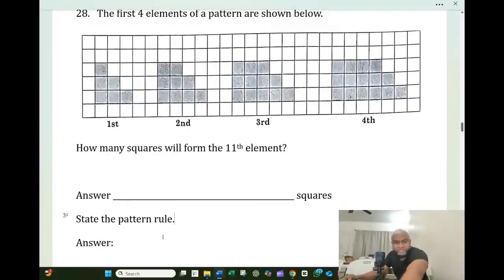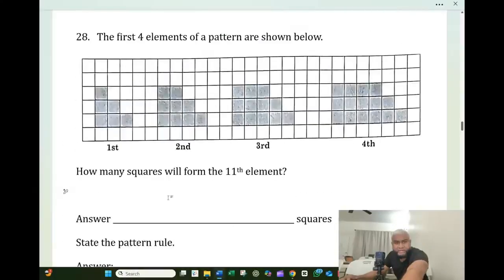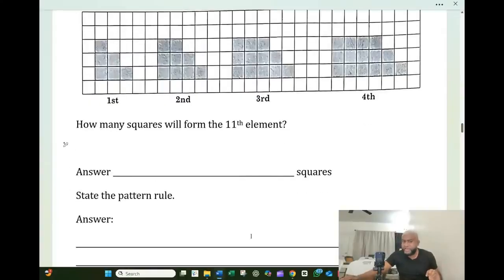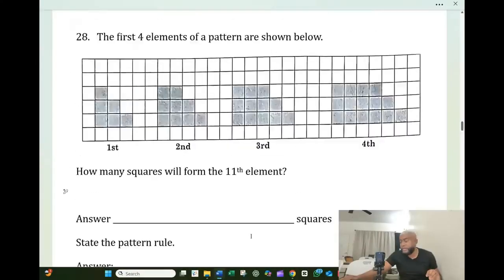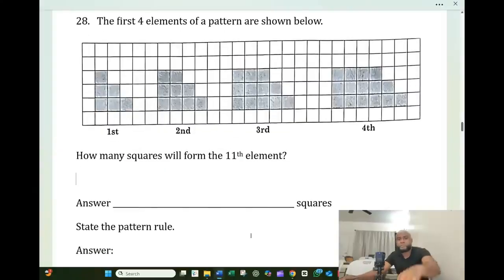That's part of the question, and then you have to put the answer. The first part is how many squares will we need in the 11th element, and then the second part will be to state the pattern rule. How many squares will be in the 11th element, and then state the pattern rule.